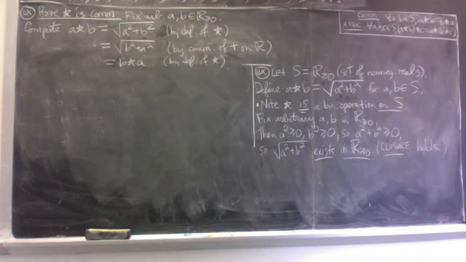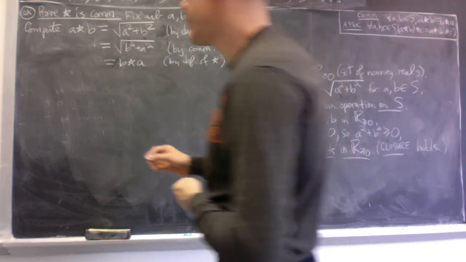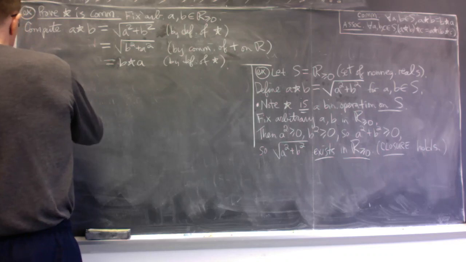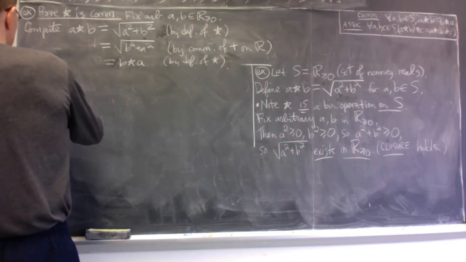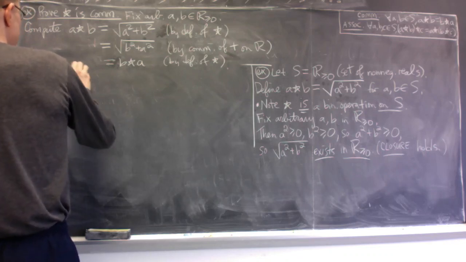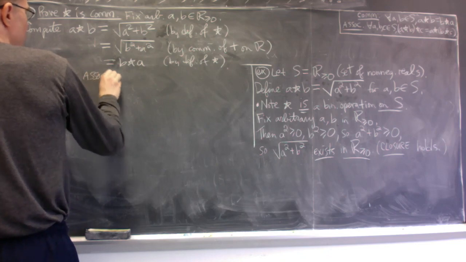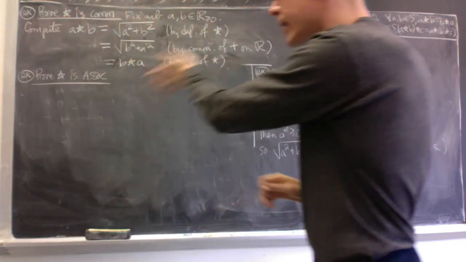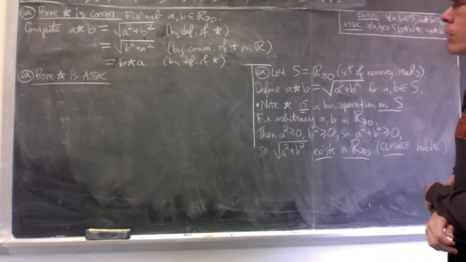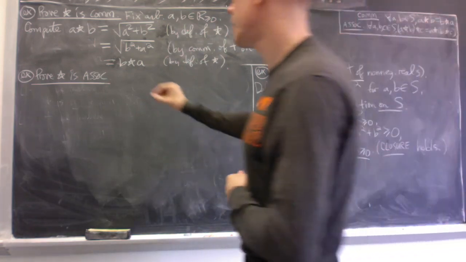All right, and associativity is a similar idea, but maybe the details are more intricate because now there's 3 guys. And incidentally, you don't know in advance maybe that this is going to be associative, but when you write out the formula, you discover that it is, as we'll see.